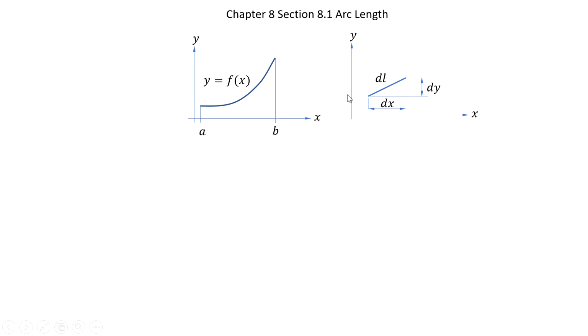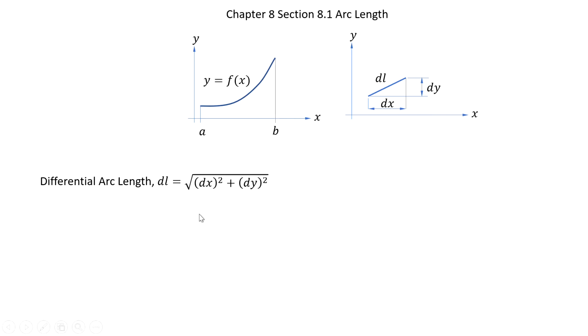In that case, dx is the x length of that piece and dy is the y length of that piece. Because that's a right triangle, we can apply the Pythagorean theorem and say dl squared is equal to dx squared plus dy squared. So the differential arc length dl is simply the square root of dx squared plus dy squared.